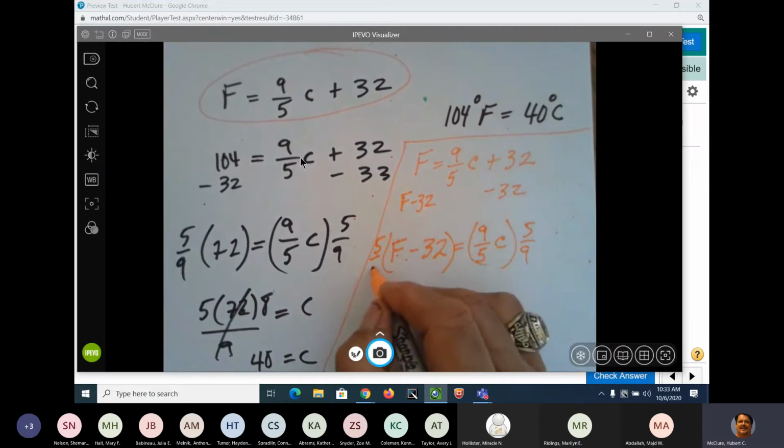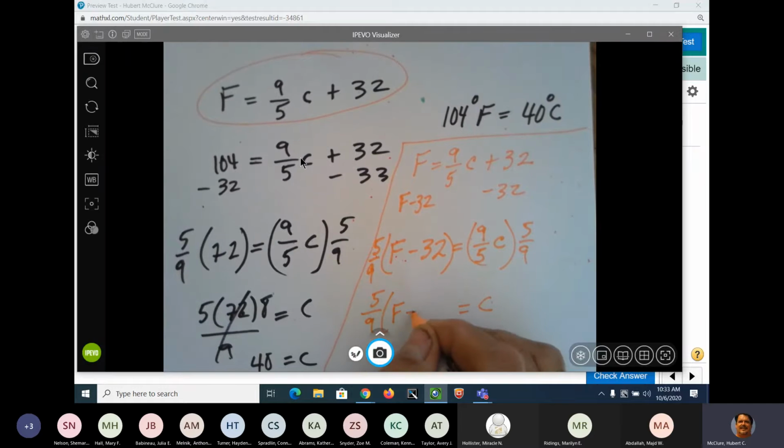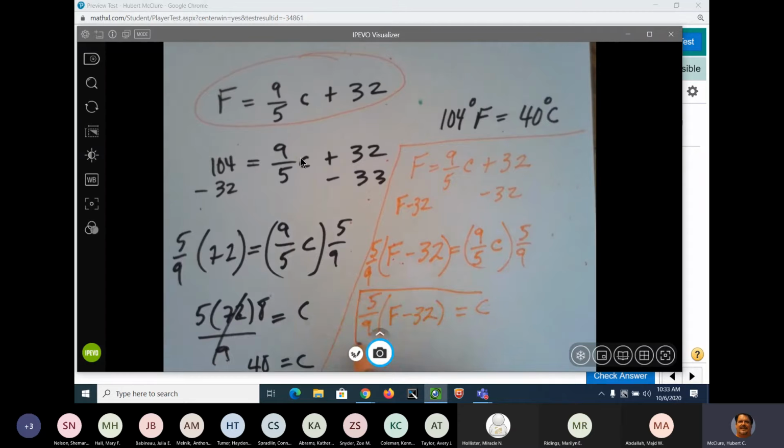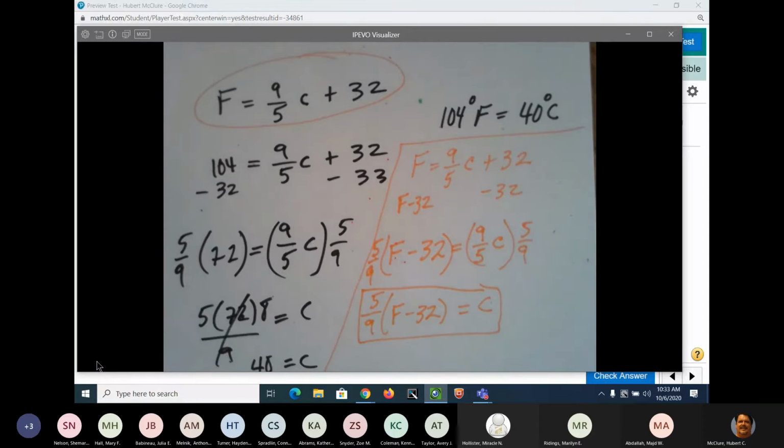Multiply that by 5/9. And C is equal to 5/9 times F minus 32. You could do that if you wanted to, and then plug the number in. It's whatever you want to do. Either way, you're going to get 40.